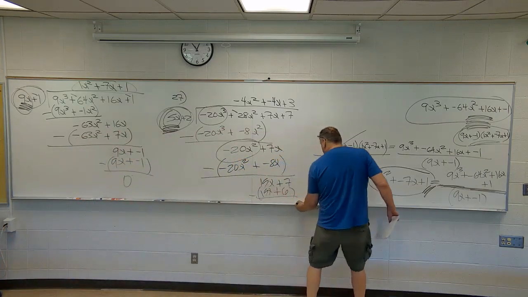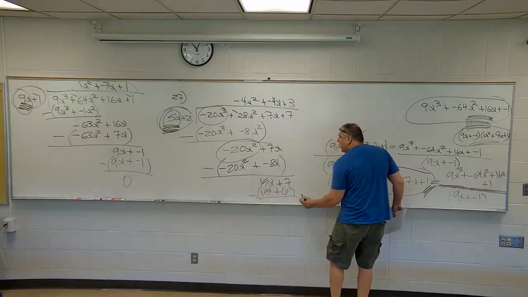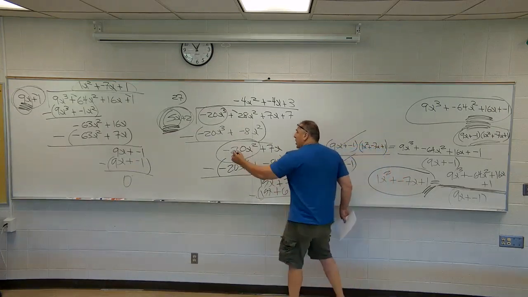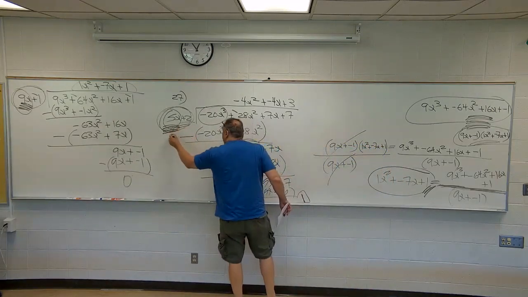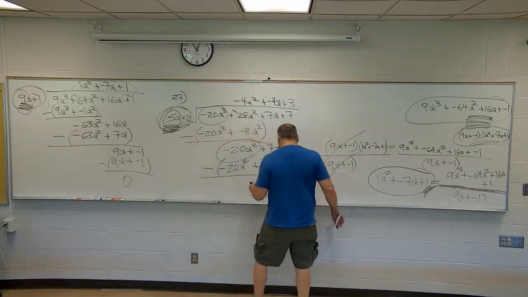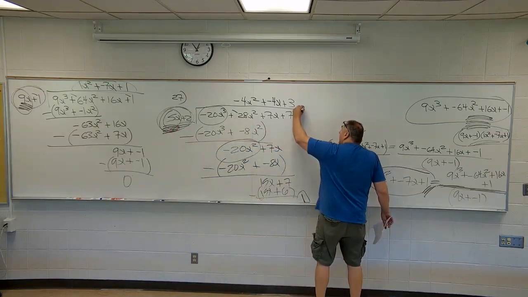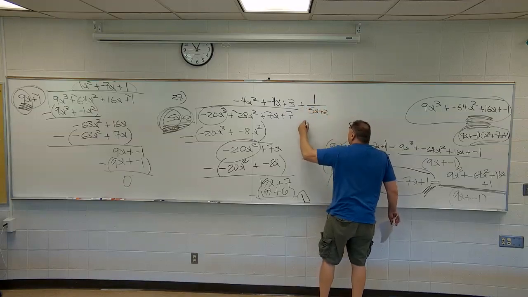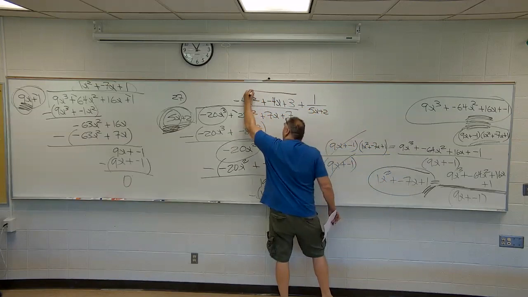You do the subtraction here, you've got 1 left over. You can't go any further, so here's what you have to do. You've got a 1 left over, so let's put it over 5x plus 2. 1 divided by 5x plus 2. Yeah, it's a little messy, but that's how they want to do it.